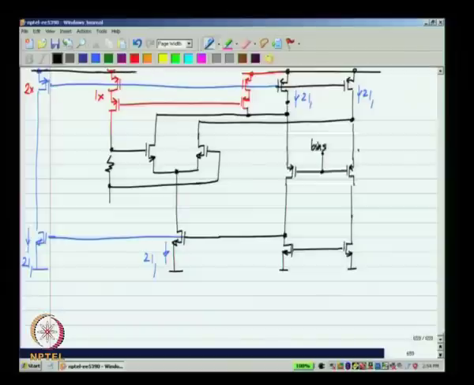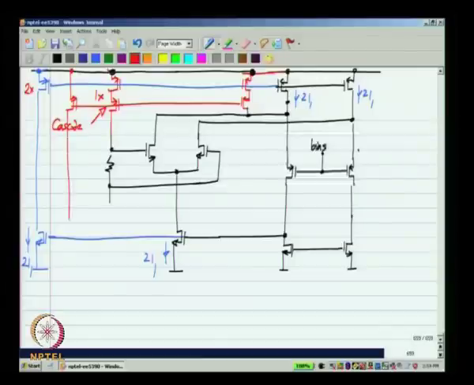So, all of the upper rails are VDD of course. So, here you use a cascode. The cascode bias can also be generated. We have discussed this earlier in a different context, but they can also be generated from some arrangement where this transistor has a much smaller aspect ratio than the other transistor.